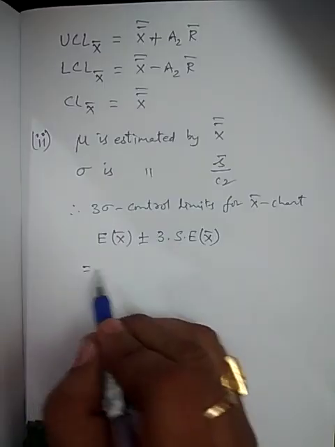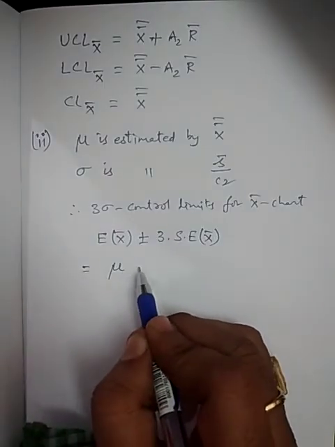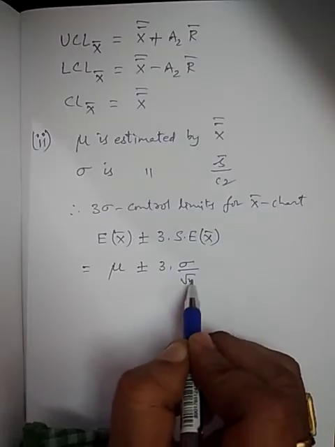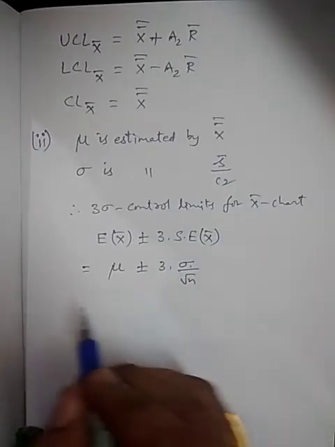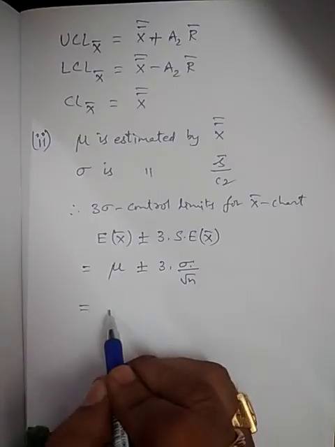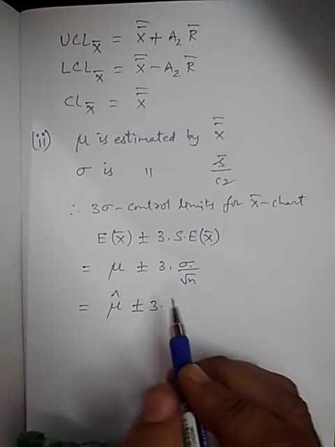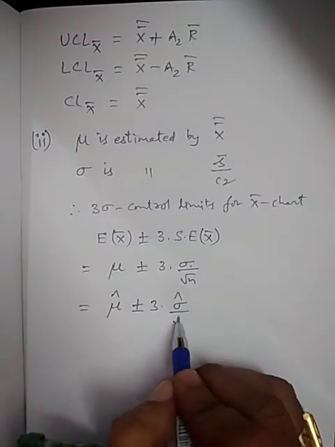What is this? It is mu plus or minus 3 into sigma by root n. Why am I going to the formula? Because sigma is not known, so it is to be estimated: mu cap plus or minus 3 into sigma cap divided by root n.